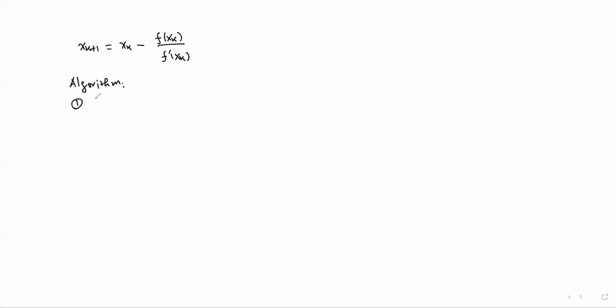Step 1. First, input an initial guess about the root, x0, and input a positive integer m. We want to run Newton's method a maximum of m steps. We don't want to run the method forever. Also input delta, a small positive number, and epsilon, also a small positive number.